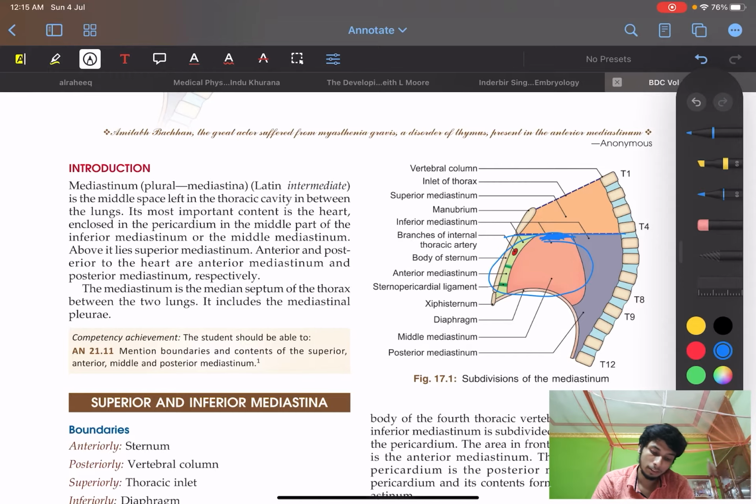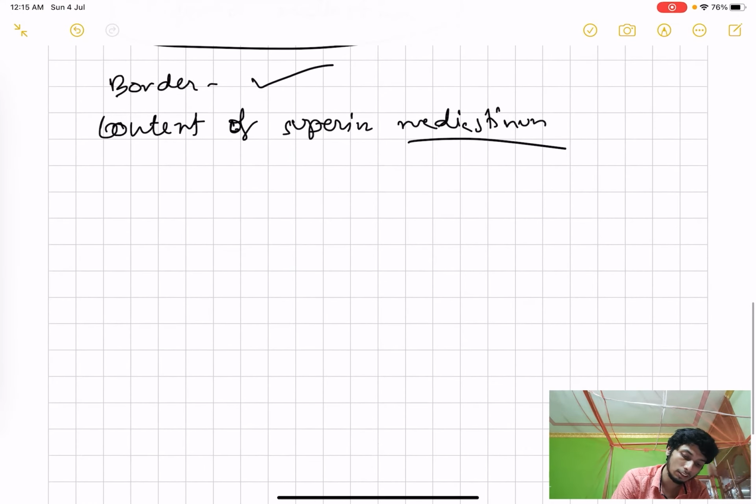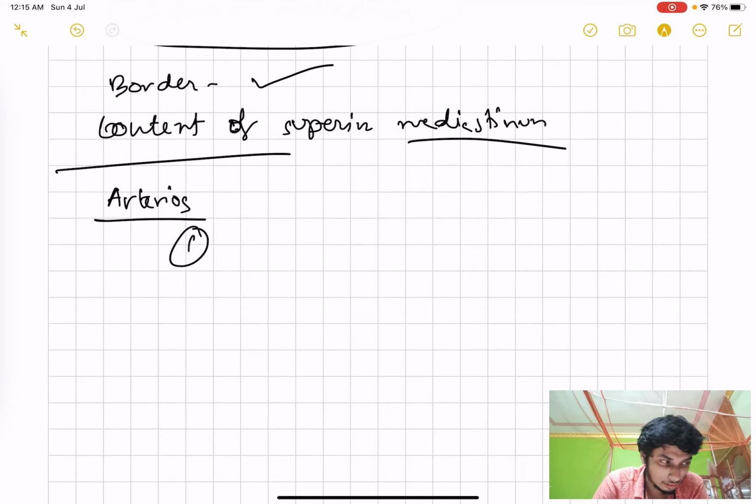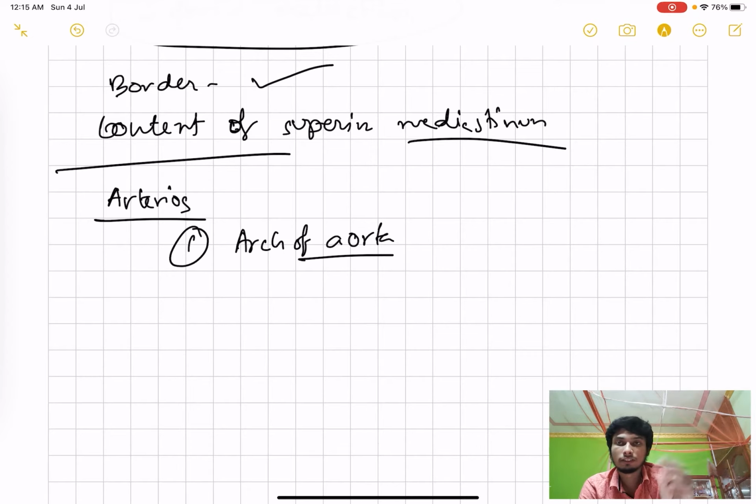Let me take notes, one by one, of the contents of superior mediastinum. First are the arteries. Number one is the arch of aorta. Obviously, if the apex of the heart is at the transverse thoracic plane, the arch of aorta will remain in the superior mediastinum.